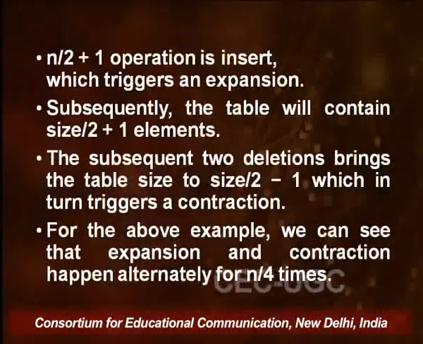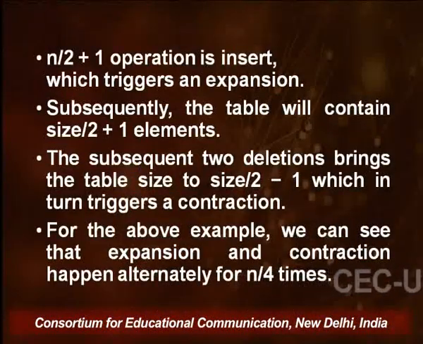So, basically what I am trying to say is that what is happening in the above example is that expansions and contractions are happening alternatively every n by 4 times.